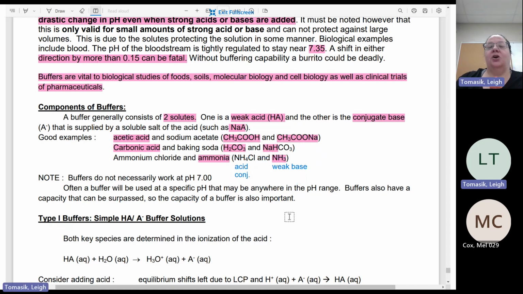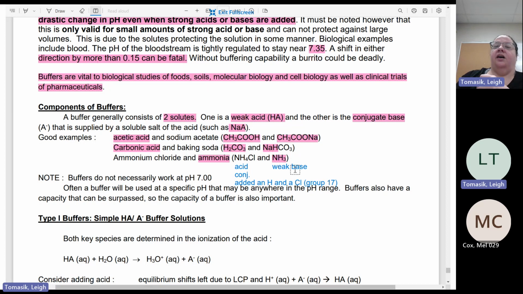What happens in its conjugate acid is we've added an H, and we've added a group 17 element, which is usually chlorine. So the first two are examples of weak acids and their conjugate bases. The last one is an example of a weak base and its conjugate acid salt.